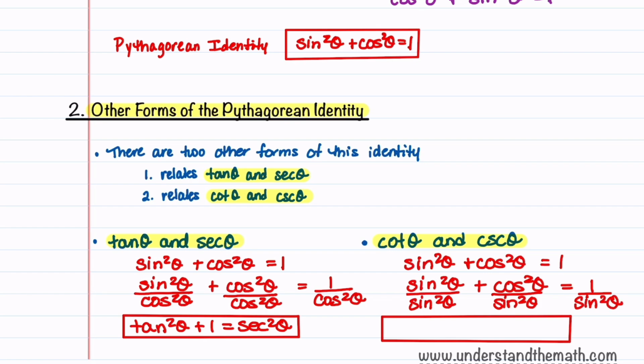This gives us the Pythagorean identity 1 plus cotangent squared theta is equal to cosecant squared theta.